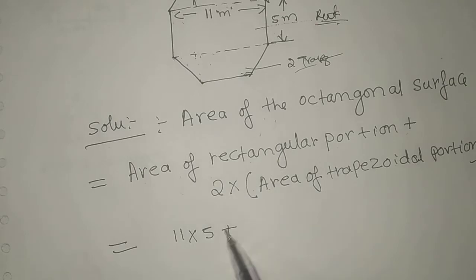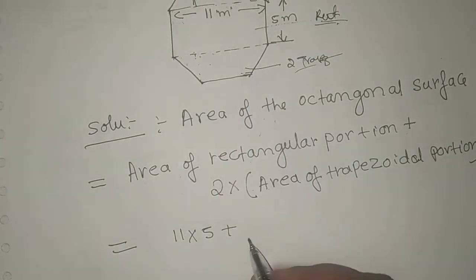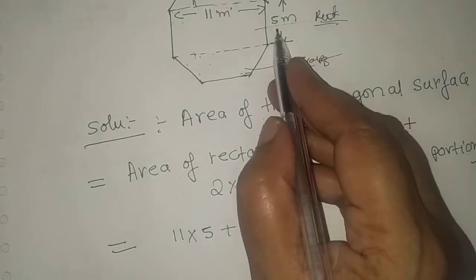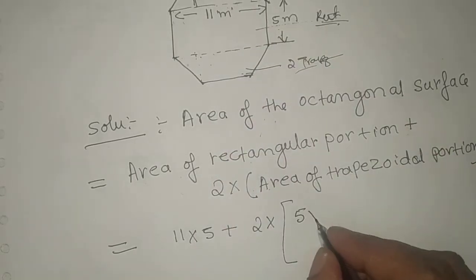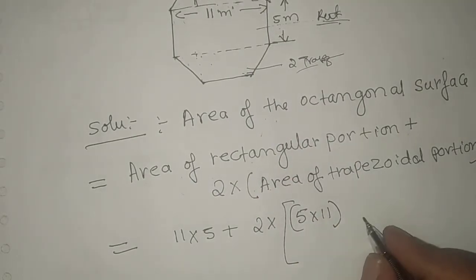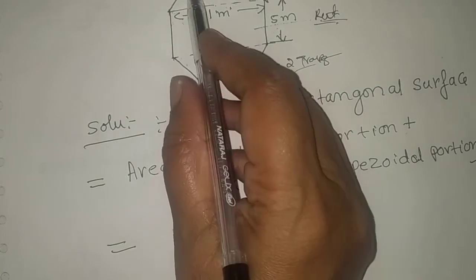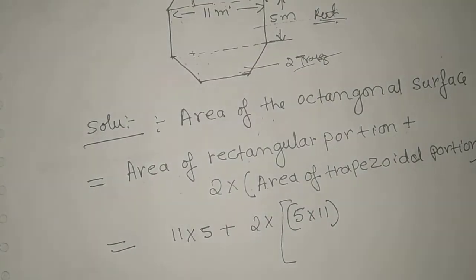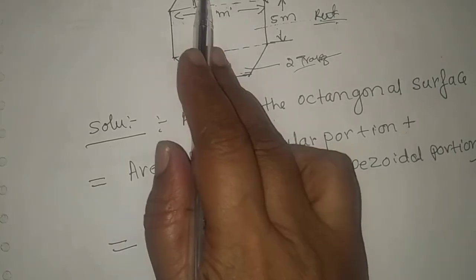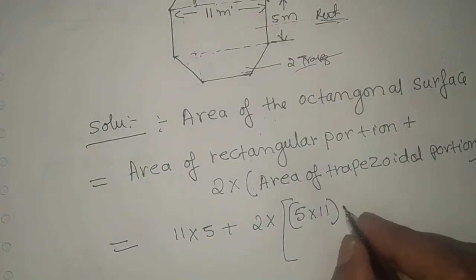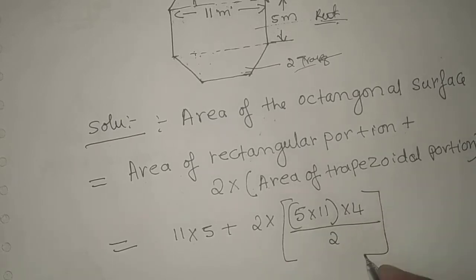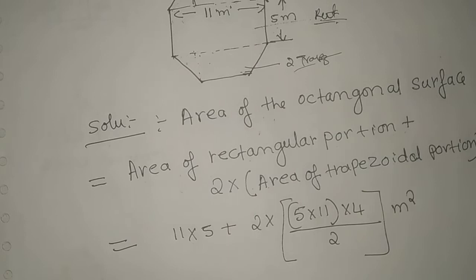For the area of the rectangular portion, 11 into 15, plus 2 into the trapezium, 15 plus 11 into this distance 4, divided by 2, in m square.